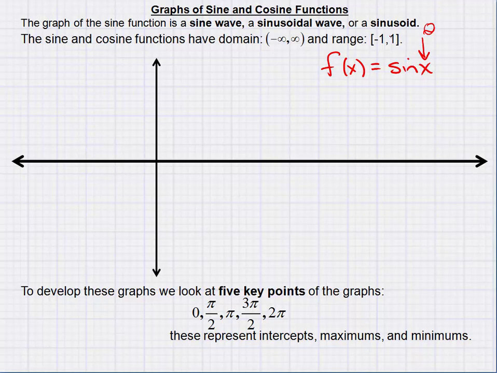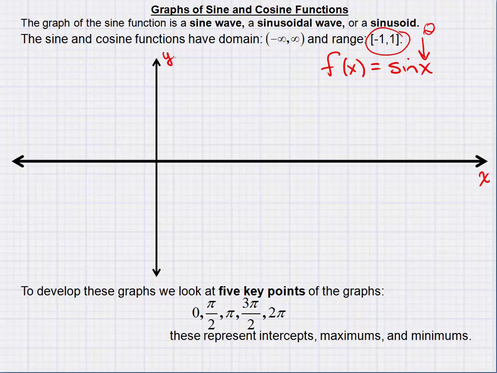The answers I get out of this function, which is the range, will always be y coordinates between negative 1 and 1. Now, graphically, that has some consequence in that the domain are all the x values. If this is the x-axis and this is the y-axis, the domain is the values along the x-axis, and the range are the values along the y-axis.